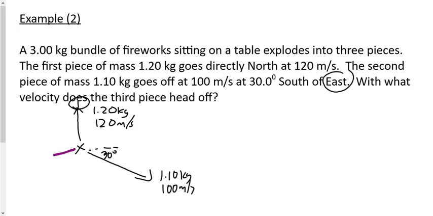We know it's going to go west. We don't actually know whether it's going to go south of west or north of west. We know it's going west because there's a momentum to the east, but we already have a momentum up and a momentum down. So depending upon which y component is bigger, it's going to determine whether this goes up or down.